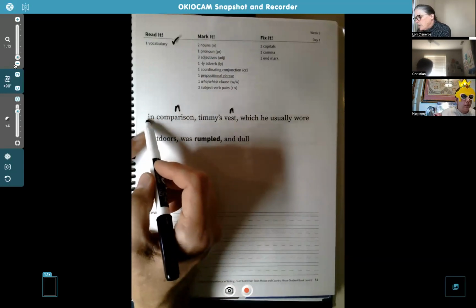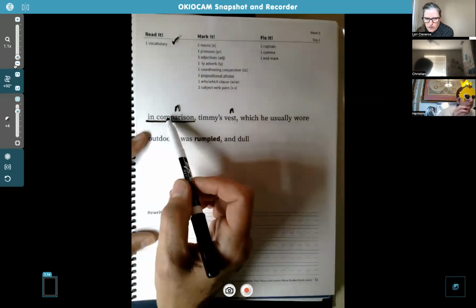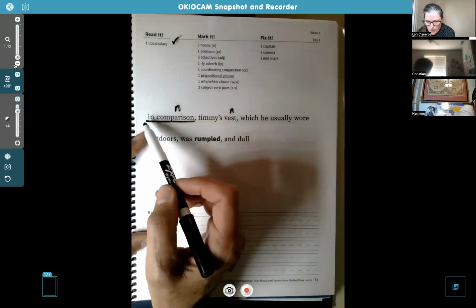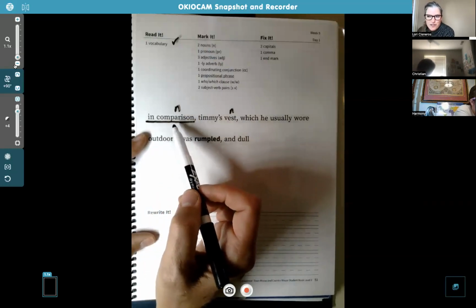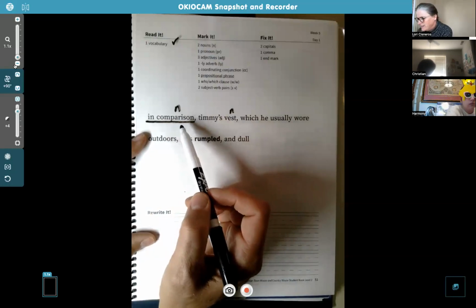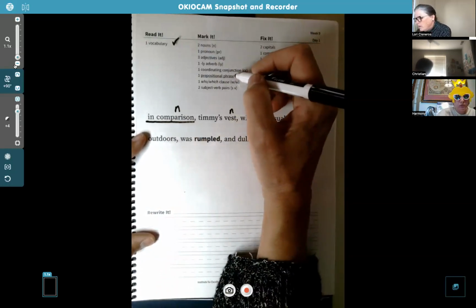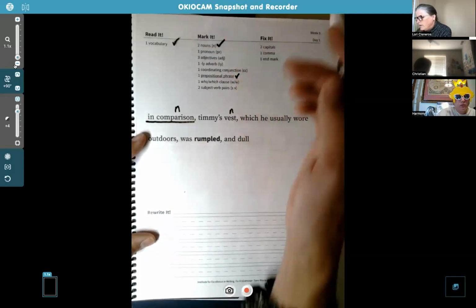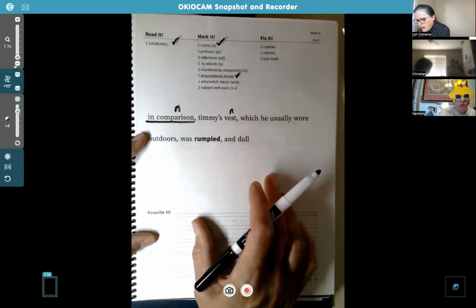So let's underline it since we're talking about it right here. In comparison is a prepositional phrase. And remember, when we underline that, we start with the preposition and we end on a noun. So that tells us comparison is a noun in this sentence. That's a tricky one. We could put a check mark by prepositional phrase because we already got that done. And then the two nouns we found. How about a pronoun, Christian? Where's that at?